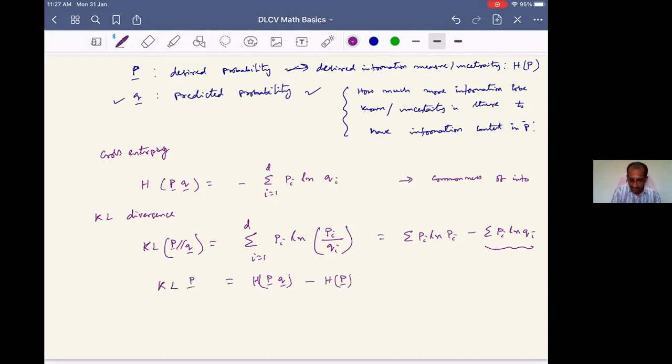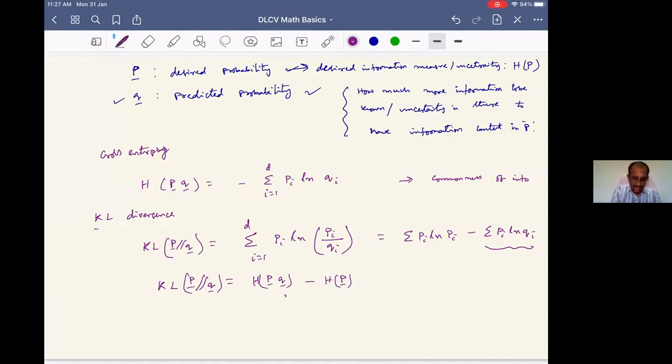What does this give? If we already know Q, how much more do we need to have the full knowledge of P? That is, how much more information needs to be known, or how much uncertainty is there, to have the information in P when we know Q. That is given by this.